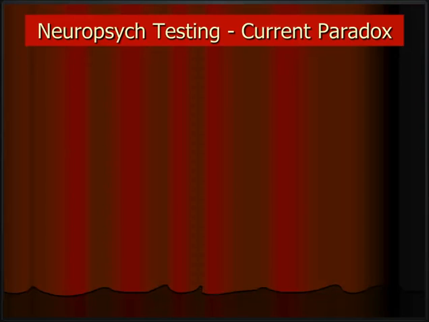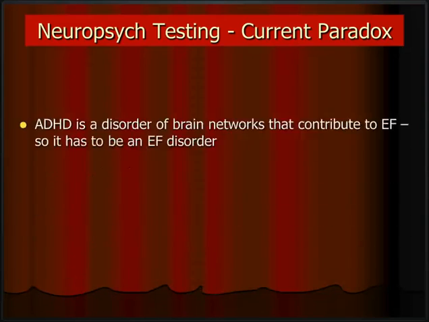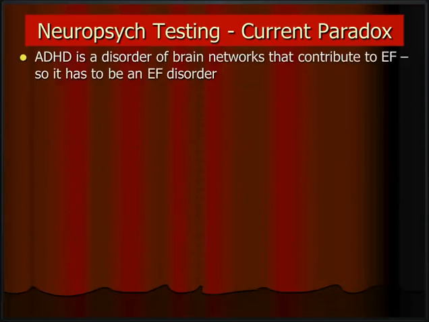Some clinicians like to use neuropsychological test batteries for assessing executive functioning in ADHD children because there is ample evidence to suggest that ADHD is a disorder of executive functioning. For instance, studies using various neuroimaging devices indicate that ADHD is reliably associated with disruptions in the functioning of networks related to the prefrontal cortex or the executive brain.